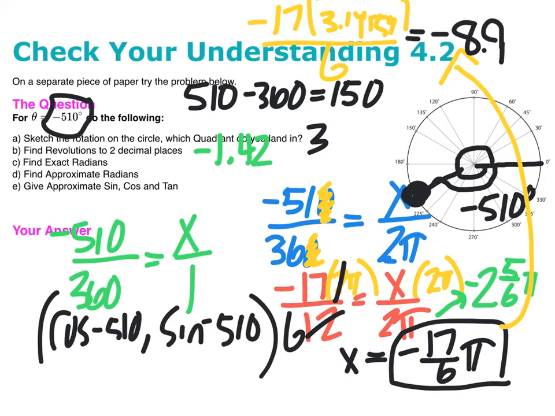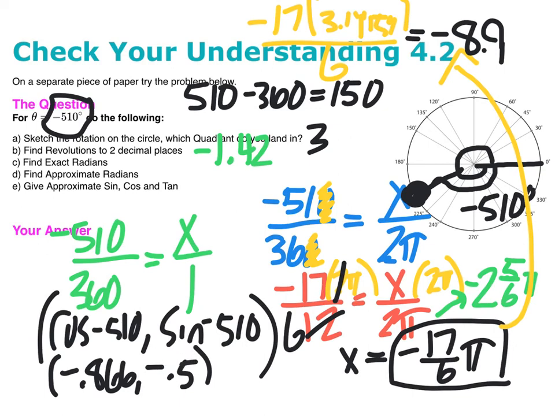So you can either look at your approximate unit circle that we created earlier, or go to your calculator, make sure you're in degree mode and type these in and see what you get. You're going to notice that it's going to be a negative cosine value of negative 0.866 and then a negative sine value of negative 0.5. So the cosine value, the answer here, cosine is going to be our negative 0.866. Our sine is going to be negative 0.5.